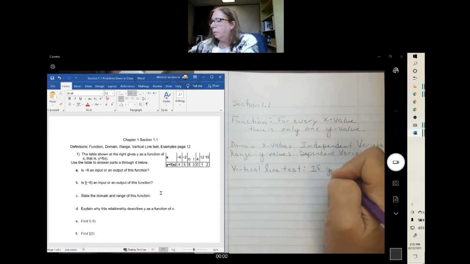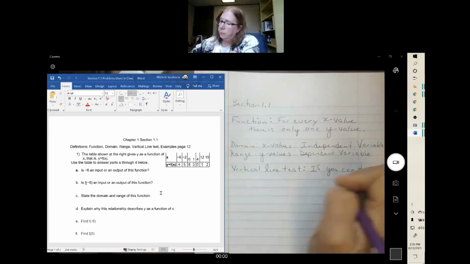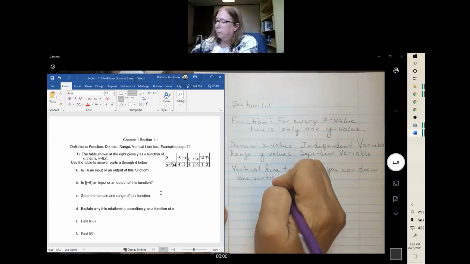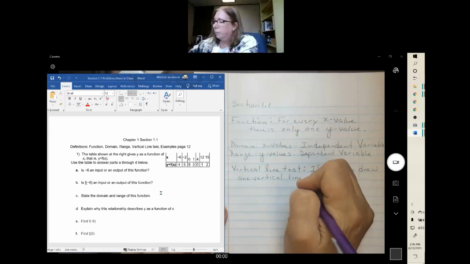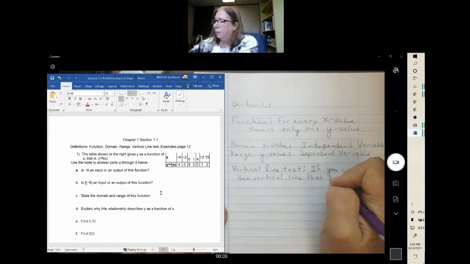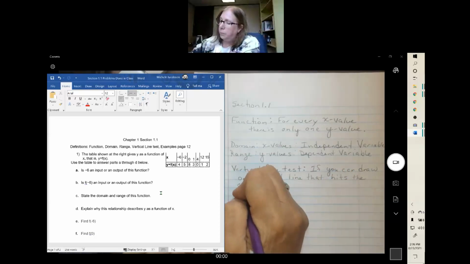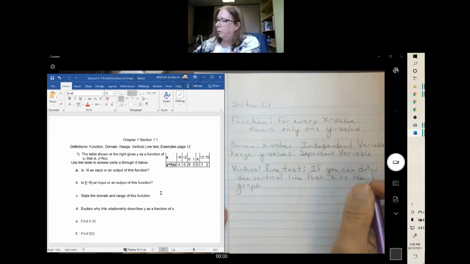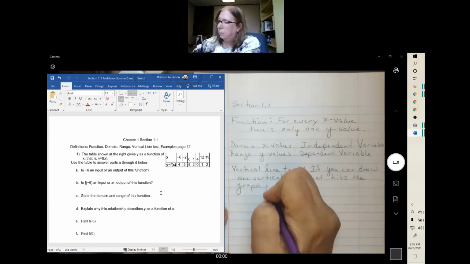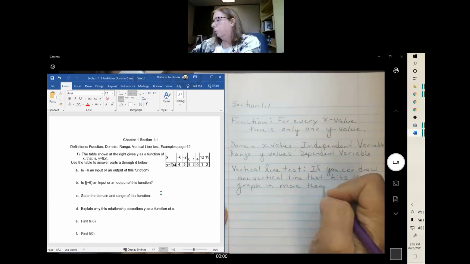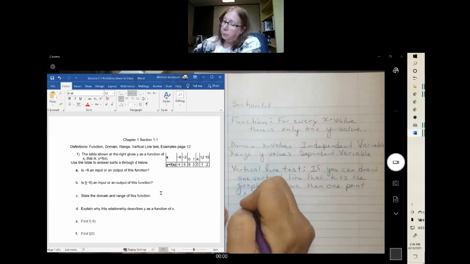If you can draw one vertical line that hits the graph in more than one position or more than one spot, it is not a function.